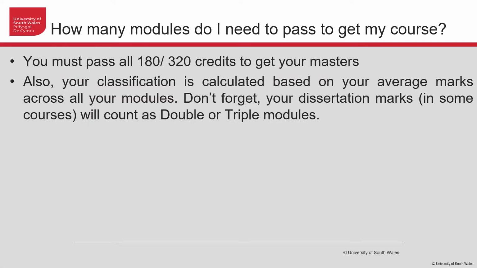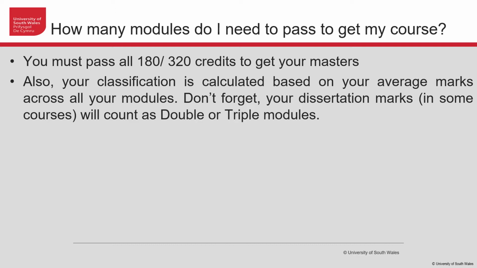So how many modules do I need to pass to get my course? Well, you have to pass all 180 credits for your master's qualification, or 320 for your undergraduate qualification. Also of note, your classification is calculated based on your average marks across all your modules.